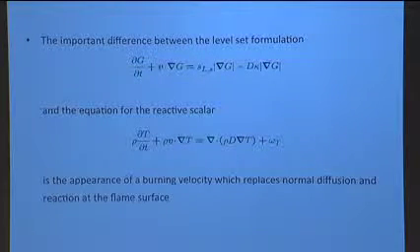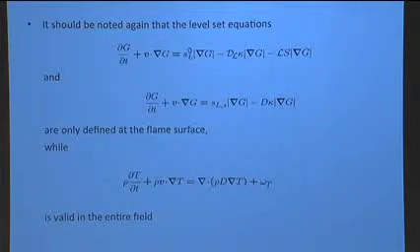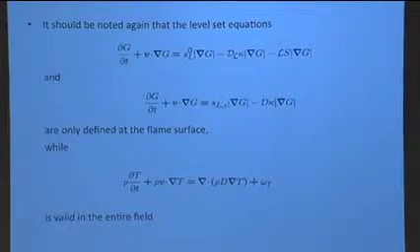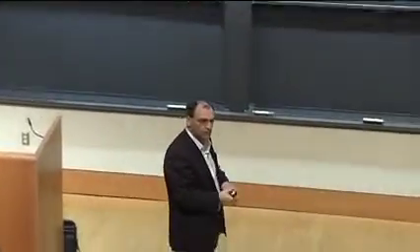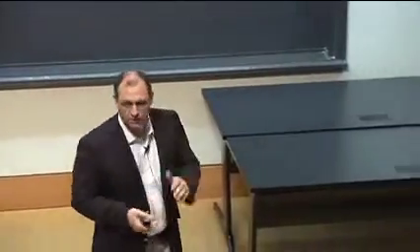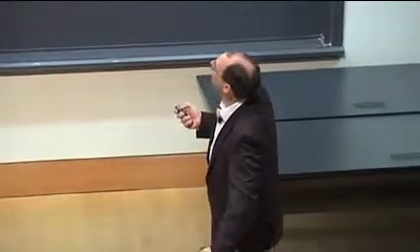And one thing that is really important to note is that these level set equations are formulated for a surface. So in that sense, they are valid for the propagation. They're valid to tell you the position of a surface. For the corrugated flamelet regime, that would be the entire flame. For the thin reaction zones regime, that would be where the isosurface of T equal to T naught is.